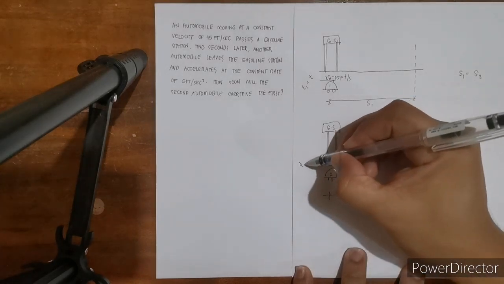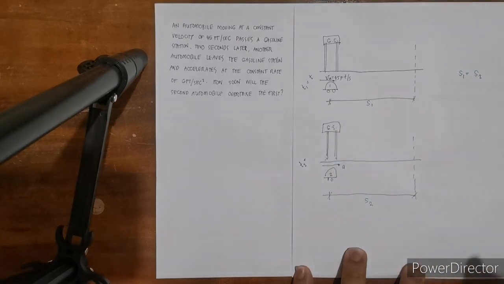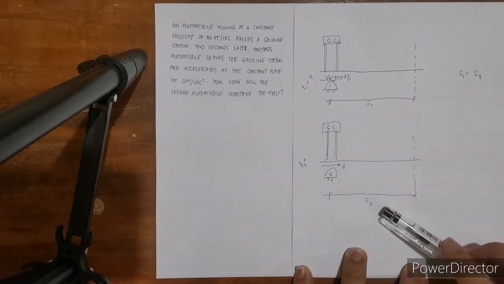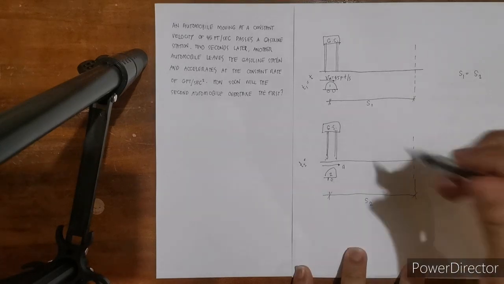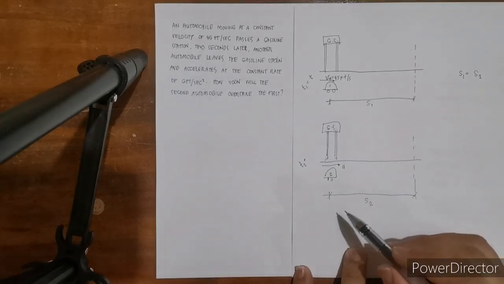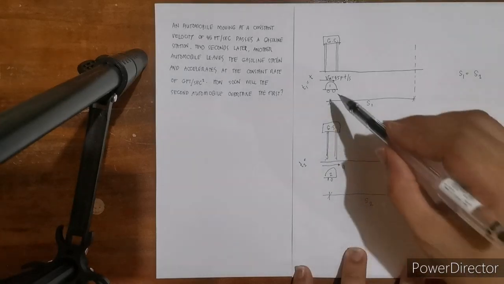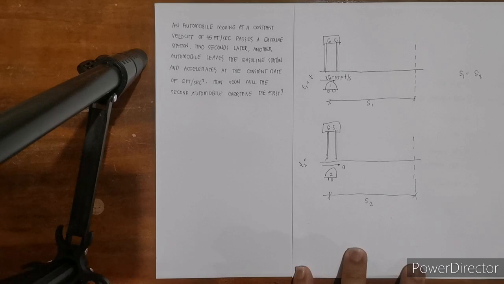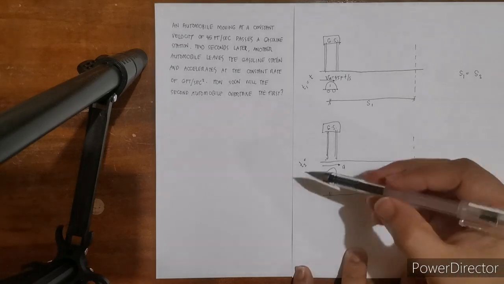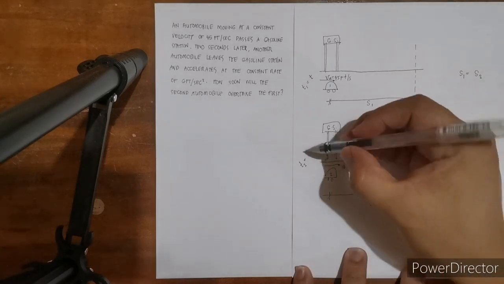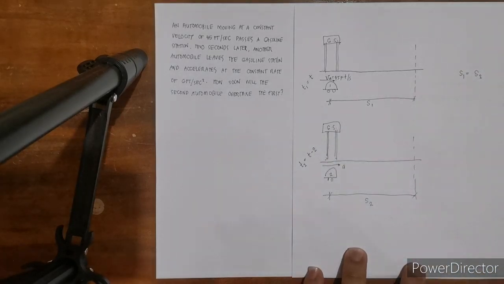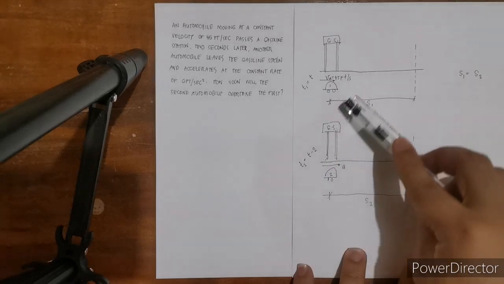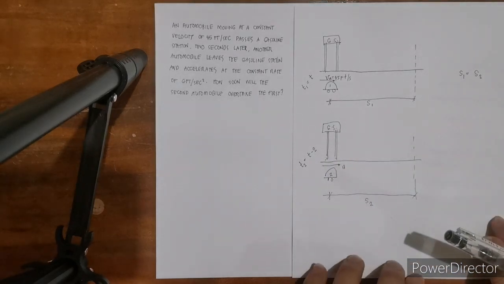So, let's say na yung time ni second automobile ay mas kokonti kaysa kay first automobile since nahuli siya mag-travel. Mas kokonti ng 2 seconds compared to the duration of first automobile. So, let's say na yung time ni second ay t minus 2.